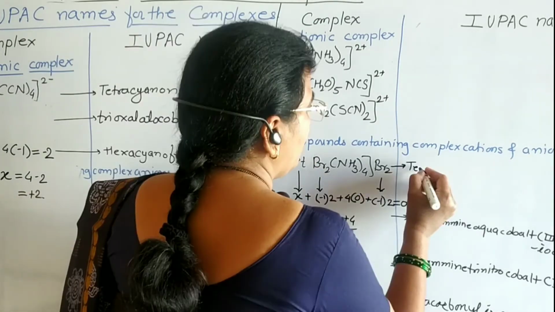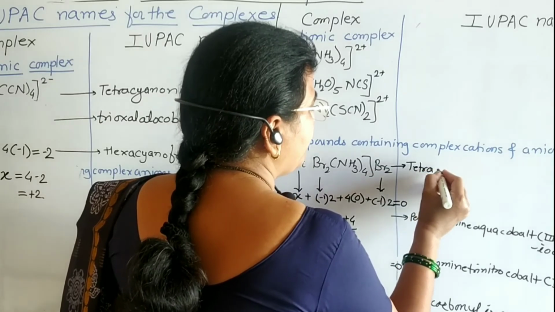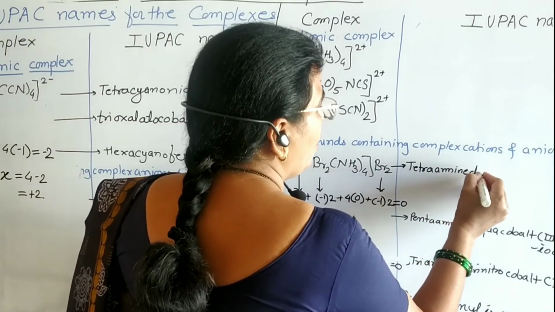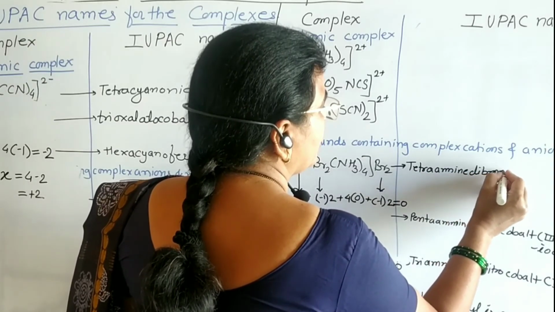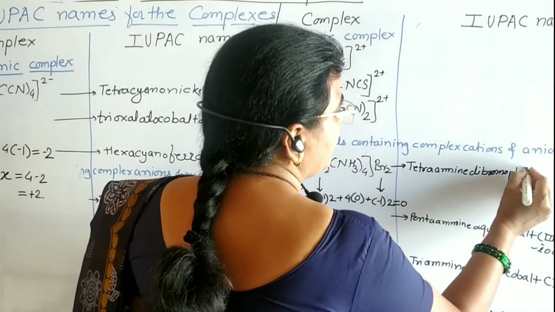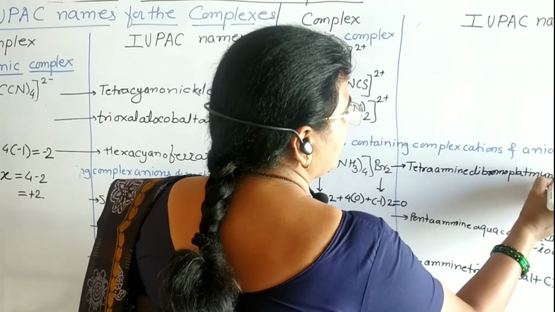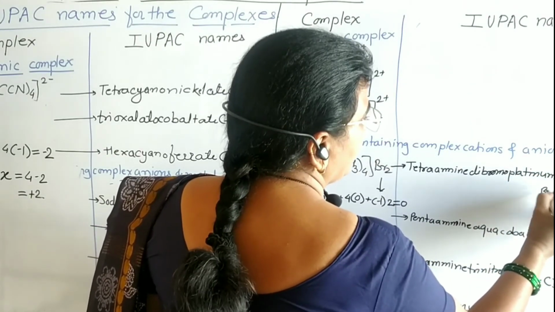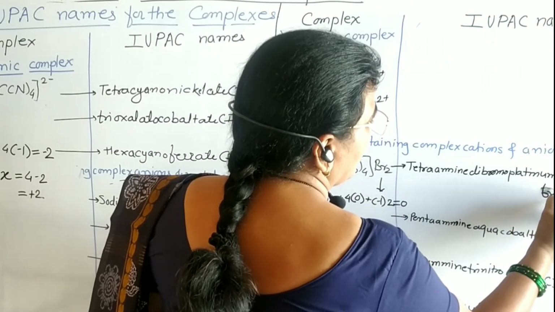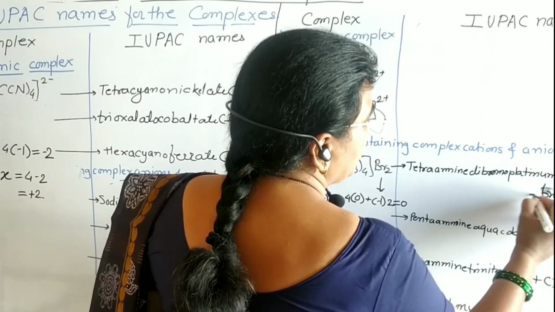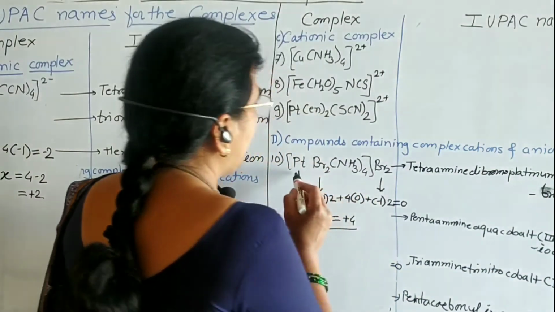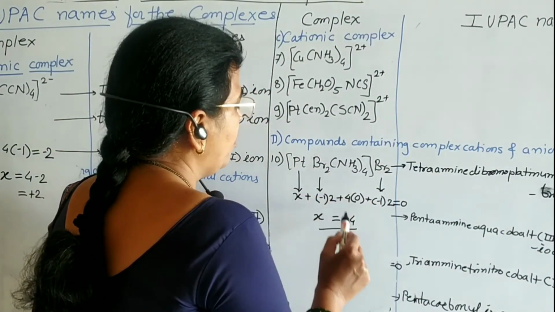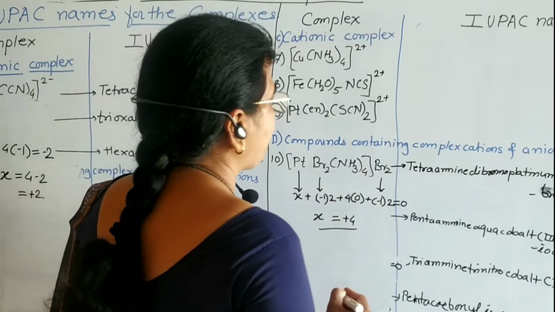Therefore it becomes tetraamine dibromo platinum 4 bromide. This is the IUPAC name of this complex, that is tetraamine dibromo platinum 4 bromide.